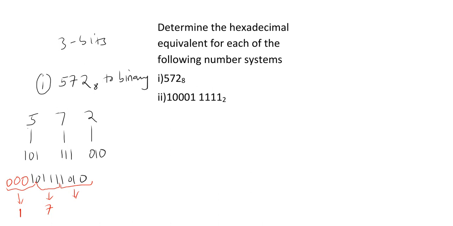Then the last group, which is 1010, in decimal it is number 10, but in hexadecimal we normally know that from 0 to 9 we represent using the normal digits, but from 10, we start with letter A and we go up to letter F, which represents 15.